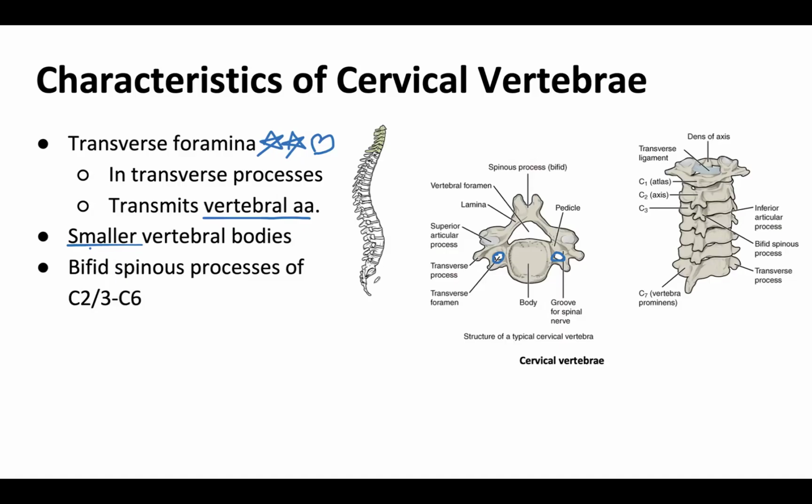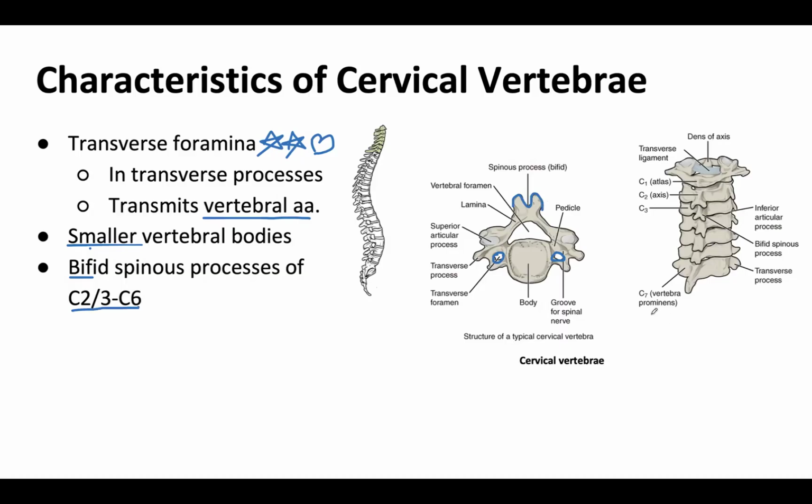And the spinous processes may also be what's called bifid, or divided into 2 smaller projections at the end. And if this does occur, it usually isn't all the cervical vertebrae. Usually it's like C2 or C3 to about C6.